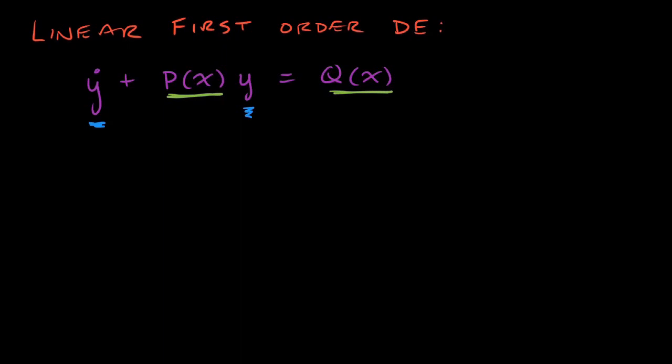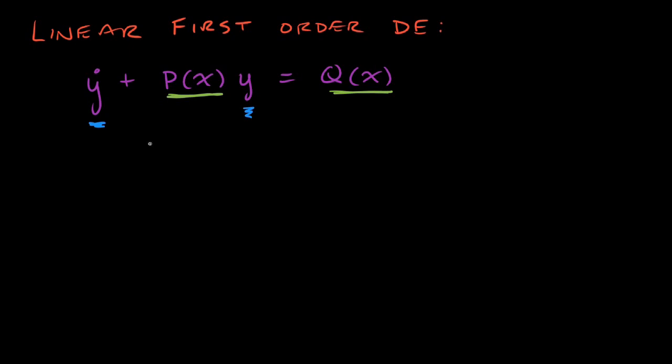Those functions p and q are functions of x, but they could actually be constant. So you could have a function of x that's just constant for all x, and that doesn't violate anything. So p of x and q of x are functions of x. They don't have to be the same. As a matter of fact, they rarely are. If the total equation can be written in this form, it's known as linear.